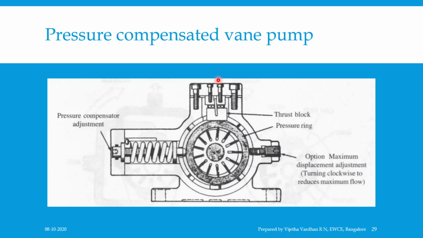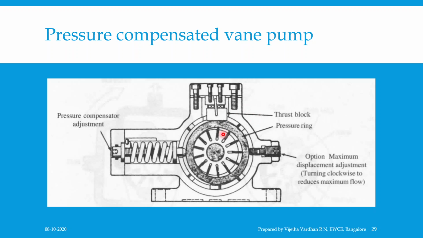In this case, the system pressure acts directly on the cam ring on the right side as shown in this figure. This forces the cam ring against the compensatory spring-loaded piston on the left of the cam ring. When the discharge pressure of the pump is large enough, it overcomes the spring force and moves the cam ring to the left.